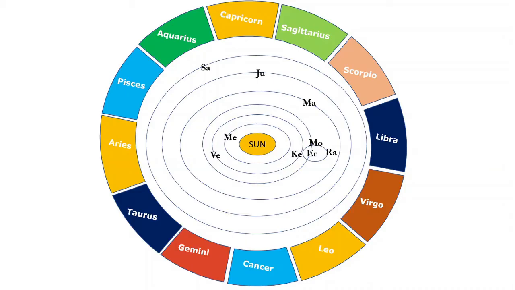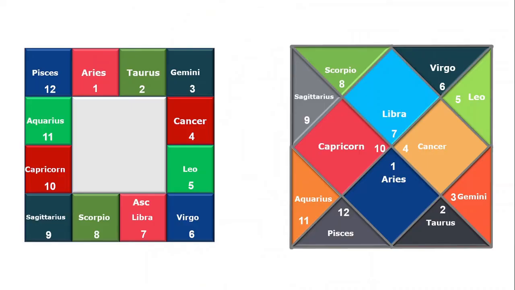So this is our planetary system, and this is the Sun and this is the Earth. So this point is the ascendant point. So let's map it to the horoscope. So the first house is Libra, and here also the first house is Libra.